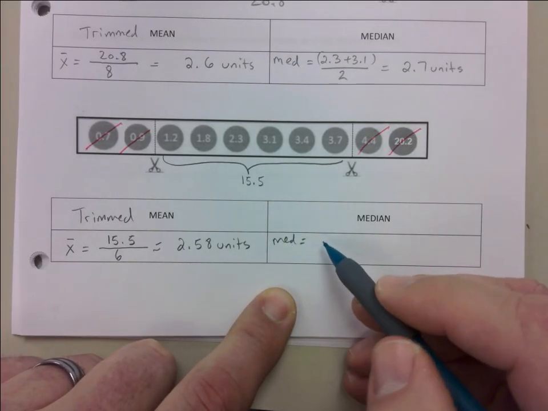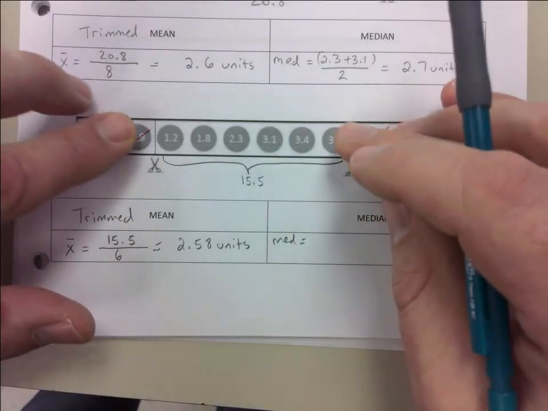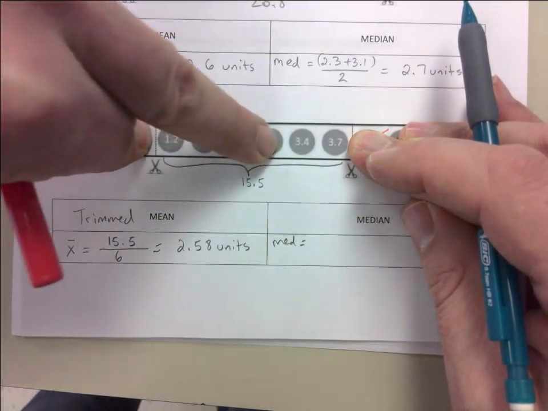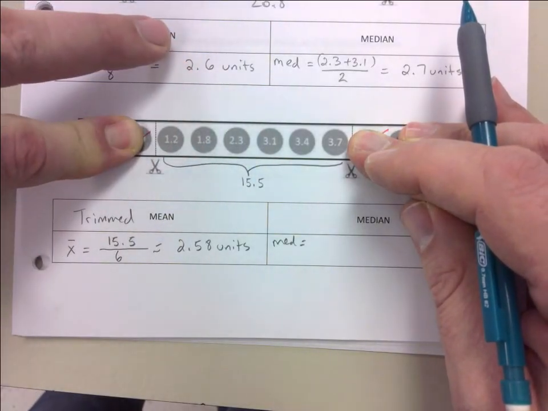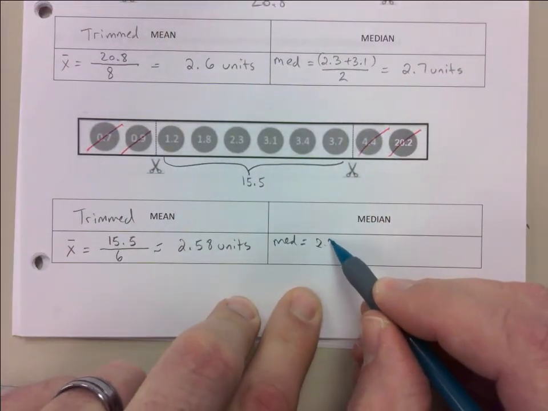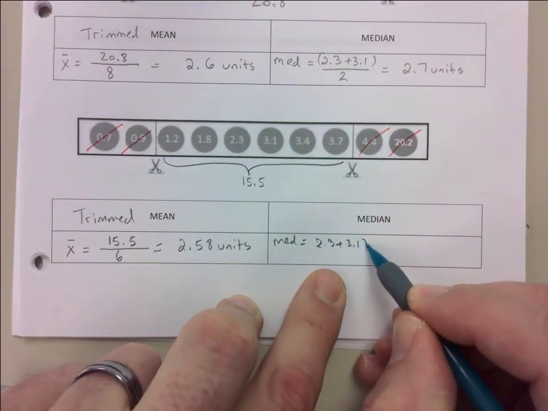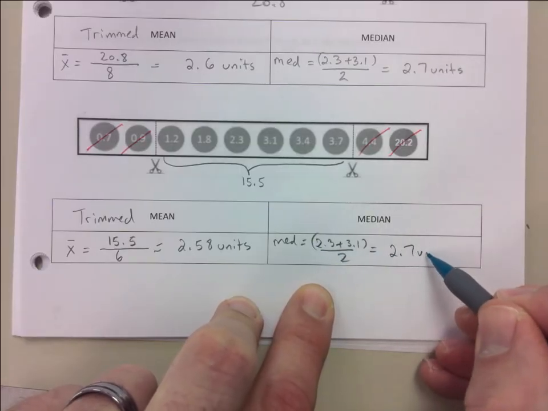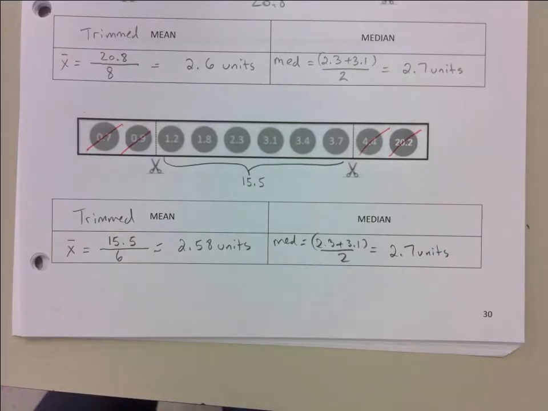This is a tough one. Look, you have 6 values left, which is even. You find the average between the 2 values that are still 2.3 and still 3.1. Divide that by 2. Your median has not changed.